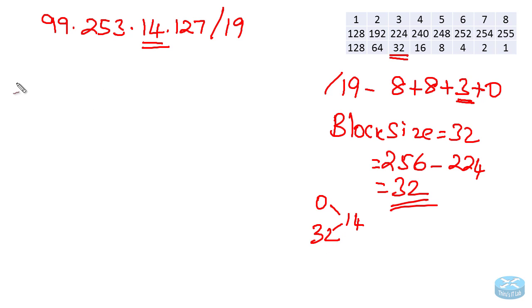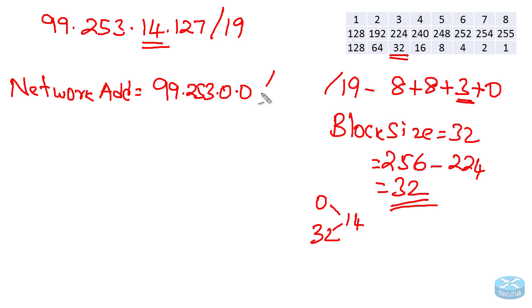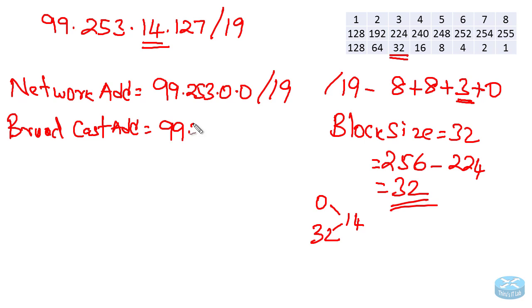So what is the network address here? 99.253.0.0/19. That's the network address. What's the broadcast address here? It's one before 32, so 99.253.31.255/19.